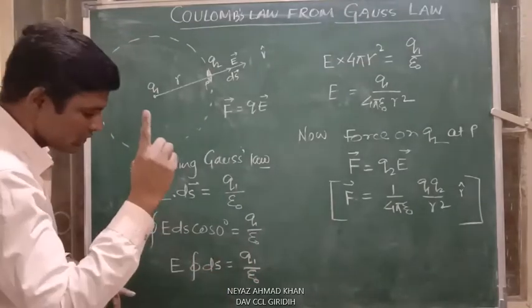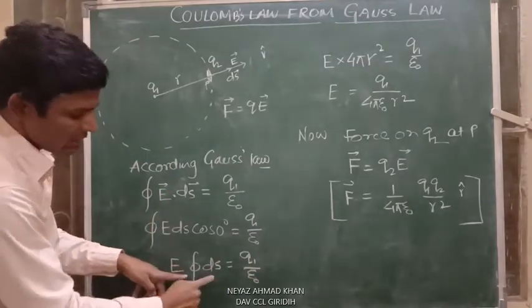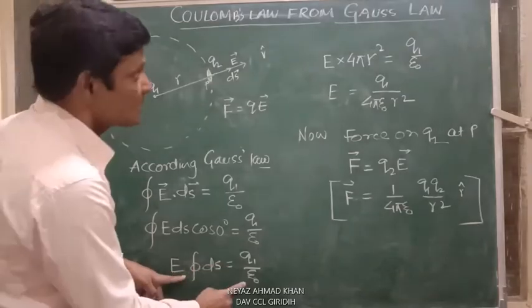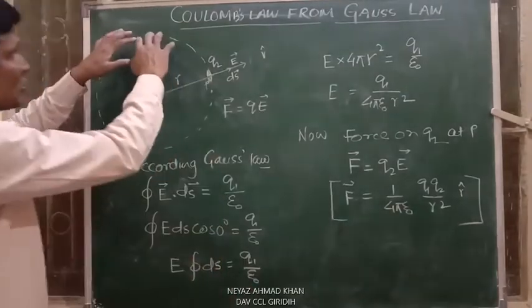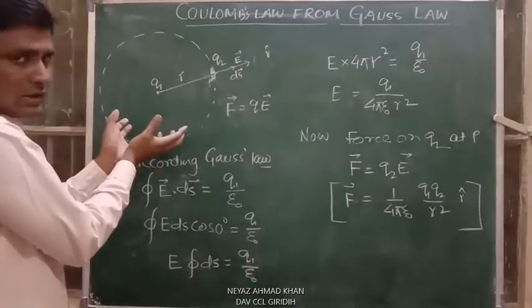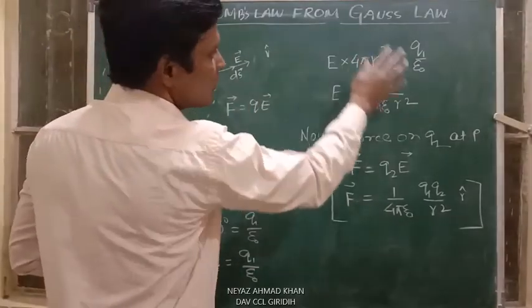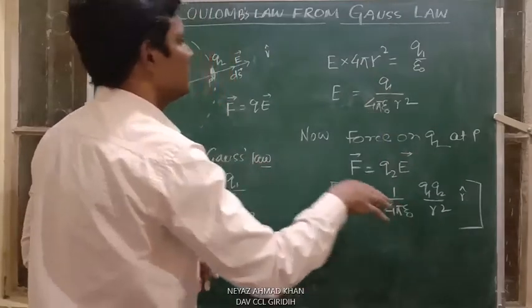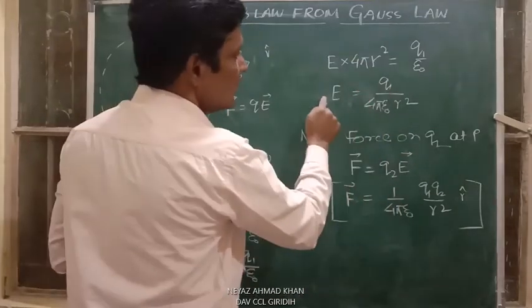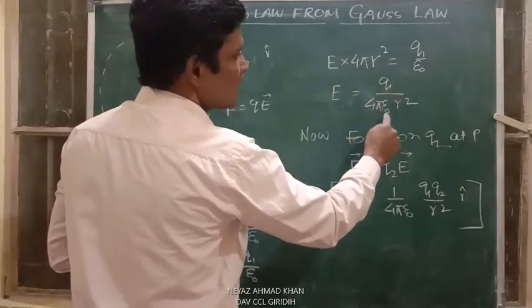Cos 0 value is 1. E ds has to be integrated, equal to q1 by epsilon naught. And what is the total surface area? Total ds of this sphere is 4 pi r square. When we put this in the denominator, we get E equal to q1 by 4 pi epsilon naught r square.